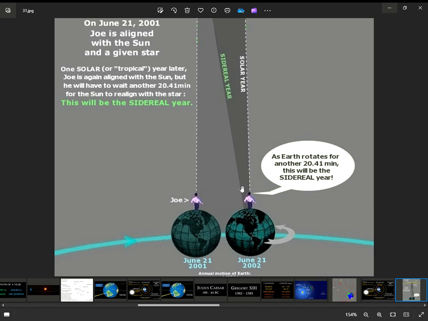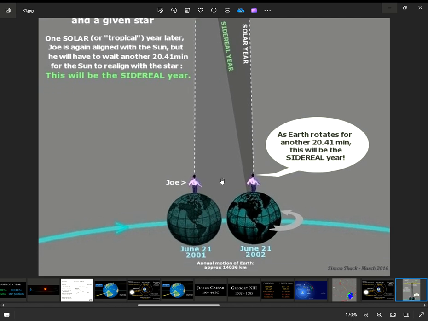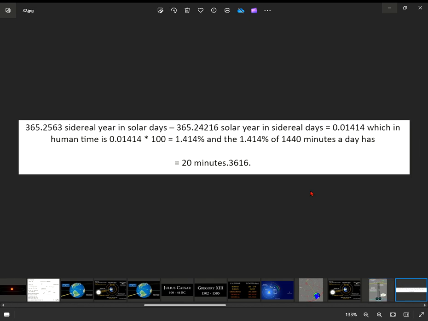With this clarification included, the difference between the solar year and the sidereal year is in fact about 20 minutes and can be simpler to understand. This is the calculation you should do to understand the popular media's misleading statement.